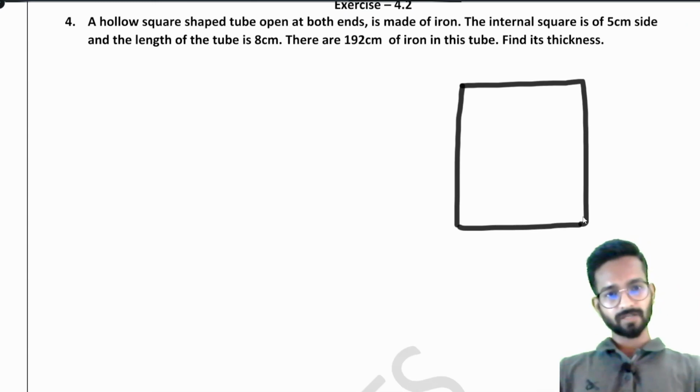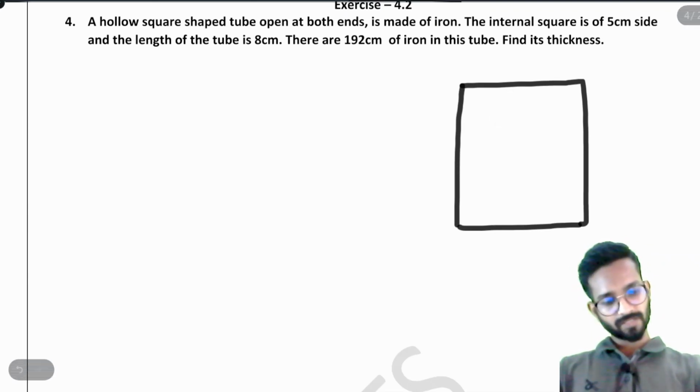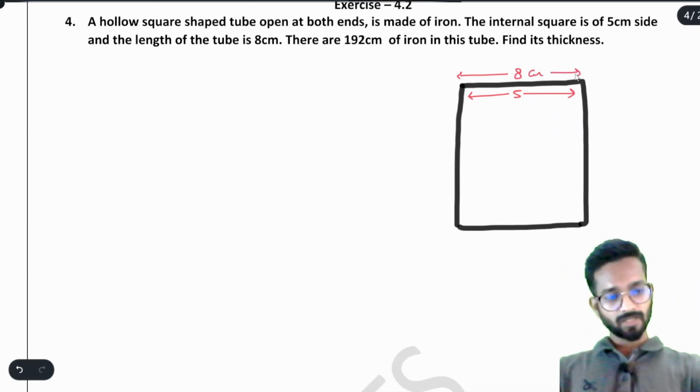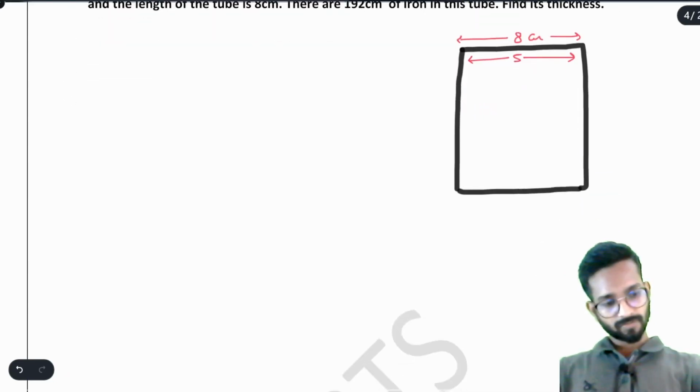It looks like a little bit rectangle, but understand this is square only. Then the internal square is of 5 centimeter side. See, this is internal square is 5 centimeter. So this is your 5 centimeter. Okay, but this one is 8 centimeter. Understand this. Okay, if you want, I can draw a little thicker than this. See, to give us a better idea.